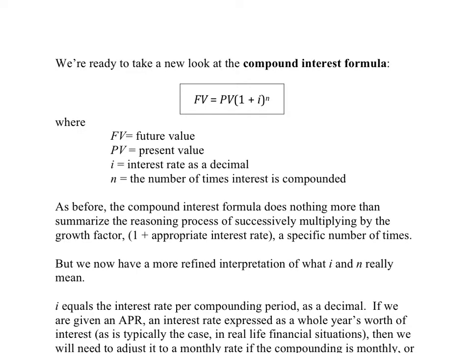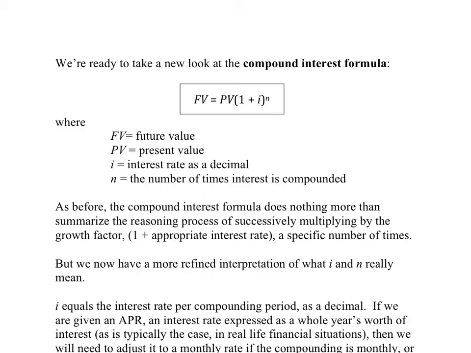We can pull all this together by taking a fresh look at the compound interest formula. Future value equals present value times 1 plus interest rate as a decimal, raised to the nth power, where n is the number of times that interest is compounded.